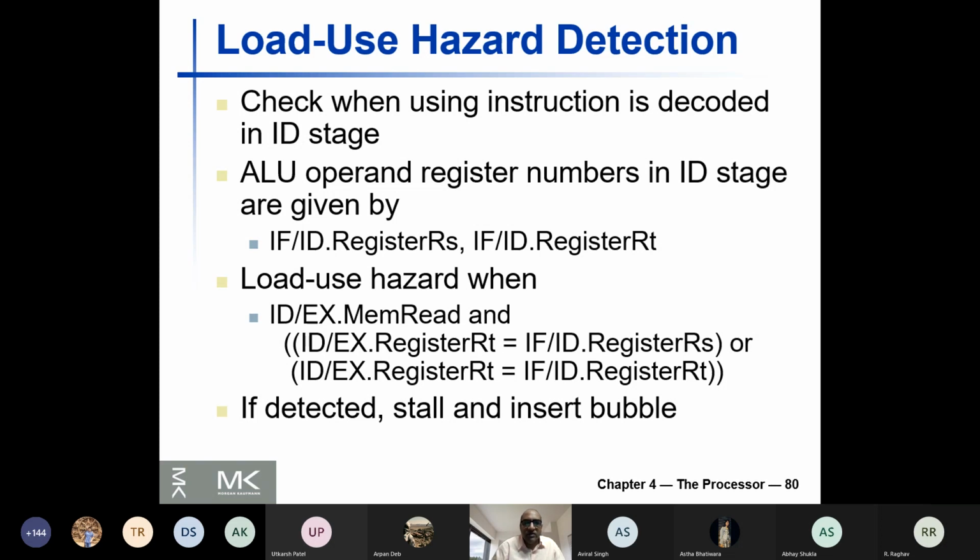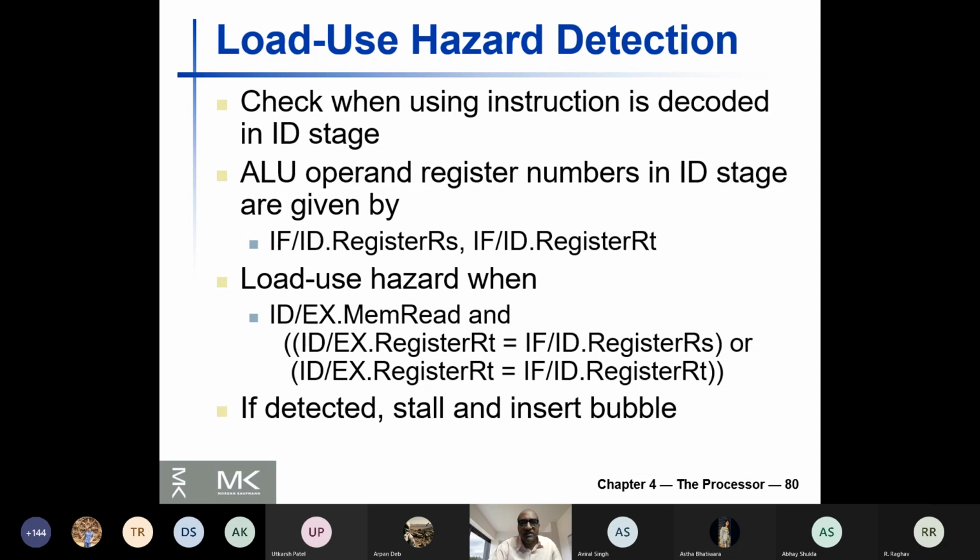We need to wait for one more cycle, so that at least the contents of the load will be available at the end of the memory stage, and you can get it through forwarding. So by using this condition, we can make sure that the present instruction in the decoding stage has to be stalled, and at the same time the instruction following it, which is in the fetching stage, also should not be changed, because the instructions after the load have to be kept as they are, and one empty cycle, or one bubble, has to be introduced.